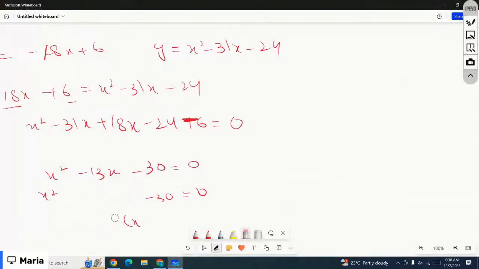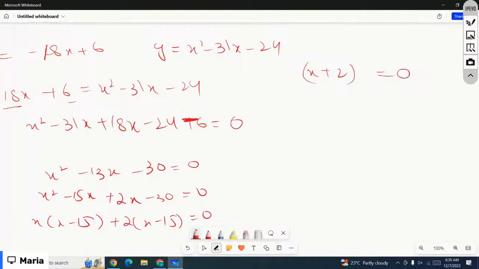Because 15 times 2 is 30, and when you subtract that, the answer is 13, right? Negative 15x plus 2x. So x common, x minus 15 plus 2 common, and x minus 15, right? So you have two values for x: x plus 2 equals 0, x minus 15 equals 0. So from here you have x equals negative 2, from here you have x equals 15.